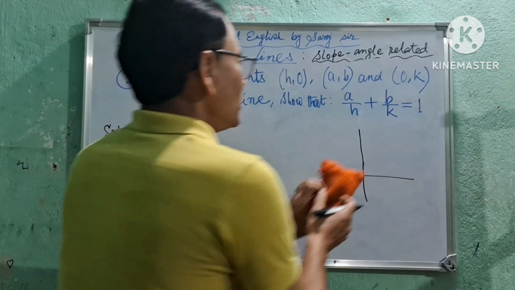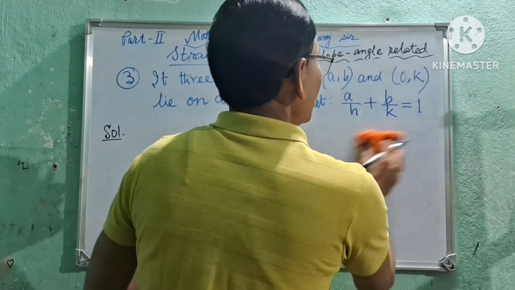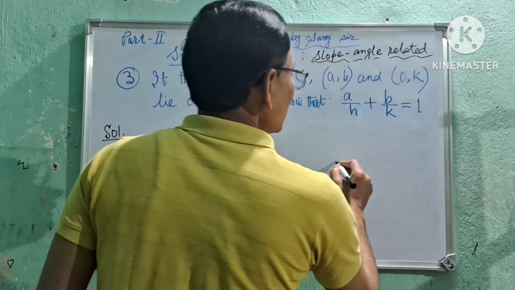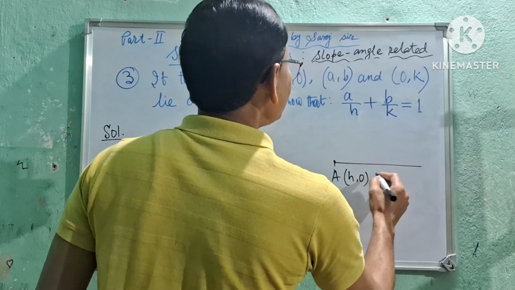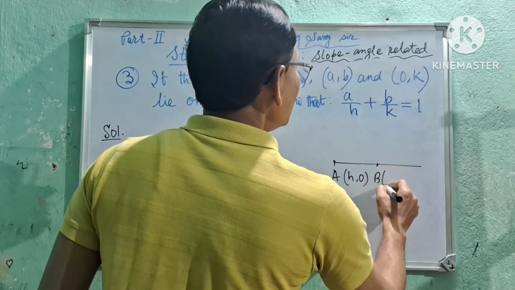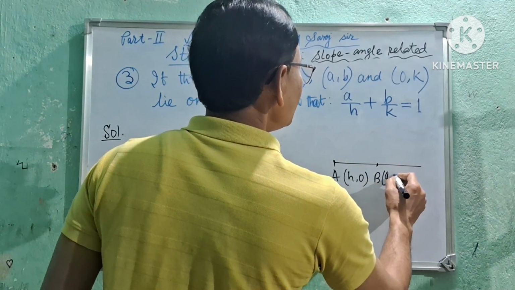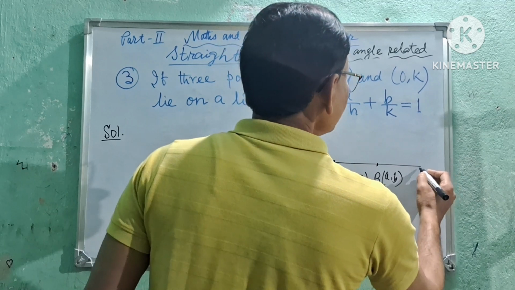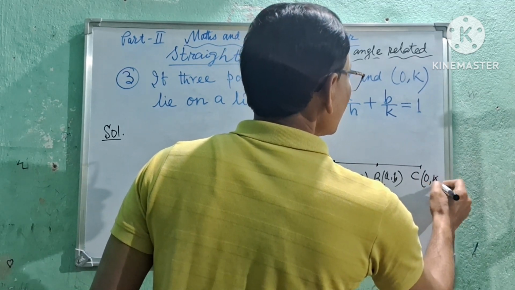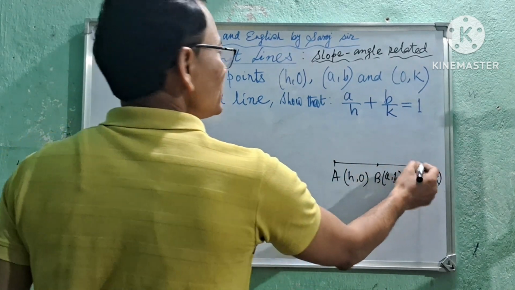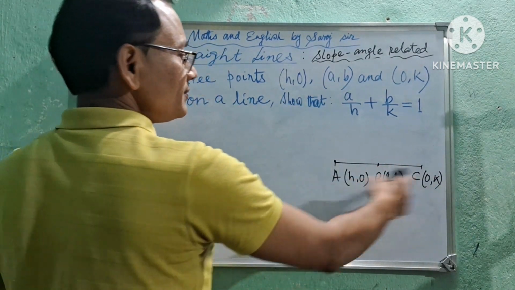No, we don't need any axis. This is A (h, 0), B (a, b), C (0, k). 3 points lying on the same line.